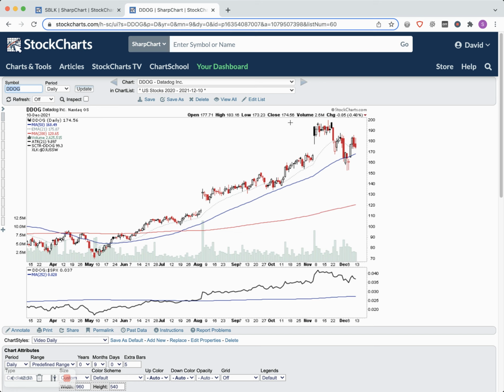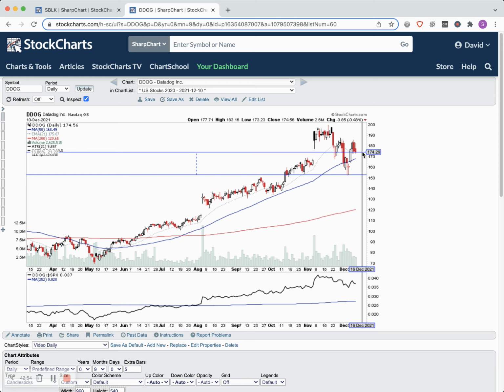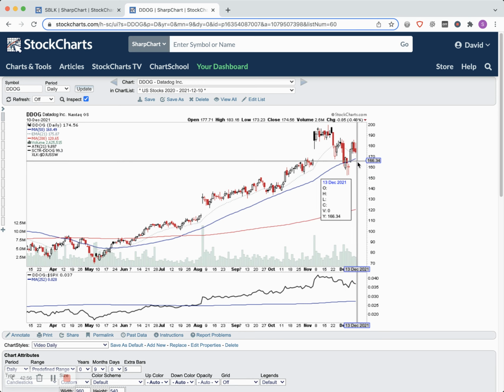175.87, 174, slightly below it at the moment, but we have potentially got a higher low forming here. So you can see all the way back into Monday, the week previous Friday, we were way down below the 50-day moving average. So at the moment, this is still 13% above that. So it is constructive price action at the moment.